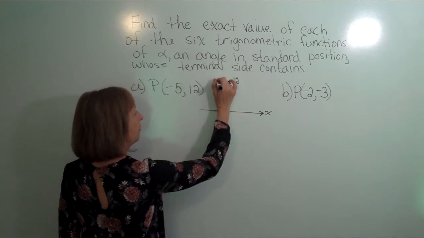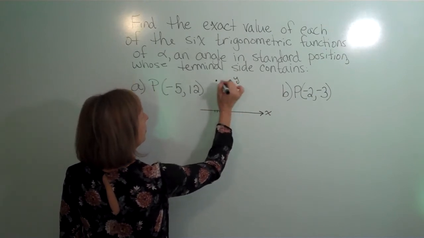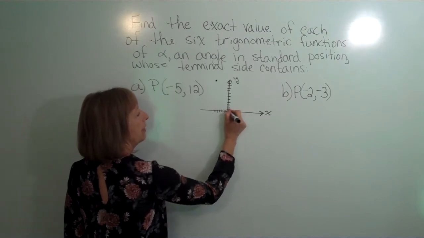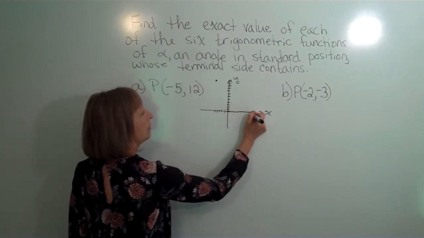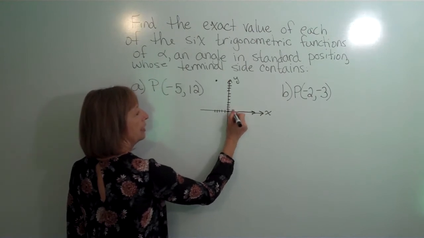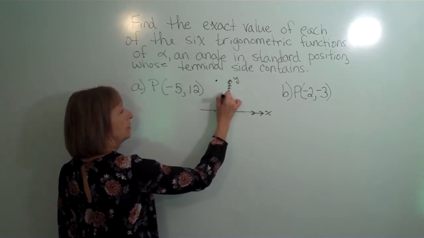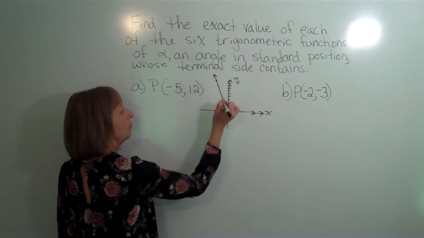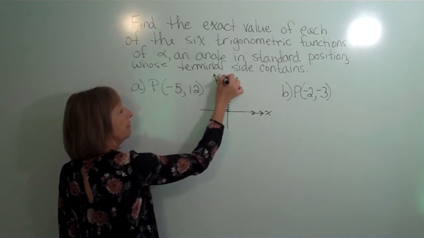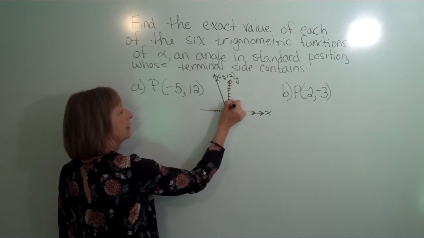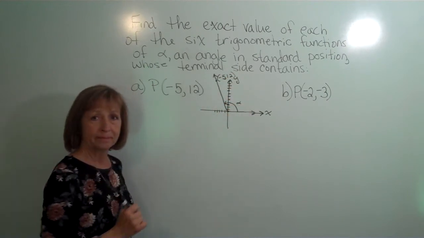Then our alpha is in standard position, so its vertex is at the origin, its initial side is along the positive x-axis, its terminal side goes through that point, negative 5, 12, and alpha is this angle right there.